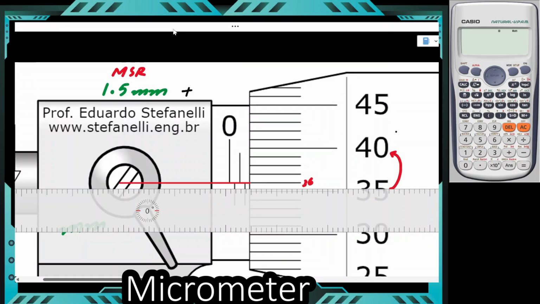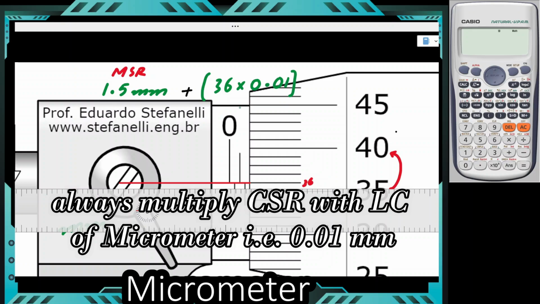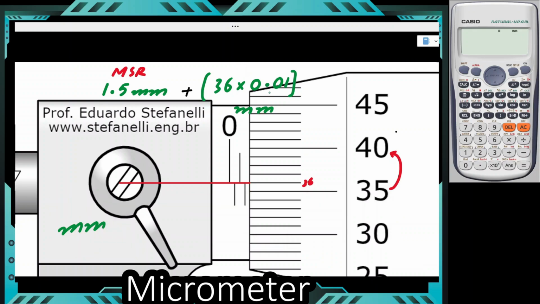So we add the reading of the circular scale. The circular scale reading was 36, but it will be written as 36 times 0.01 millimeters. Whatever line of the circular scale is coinciding with the line of the main scale, it would be written as that line number times 0.01.